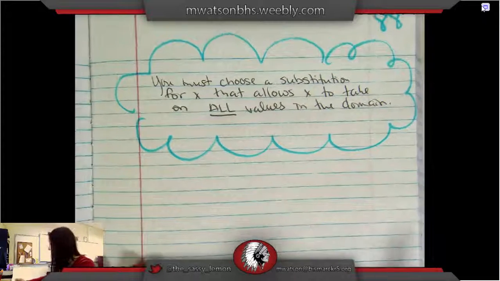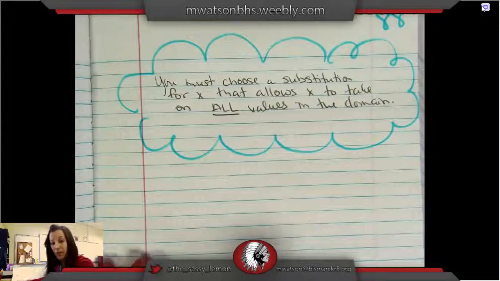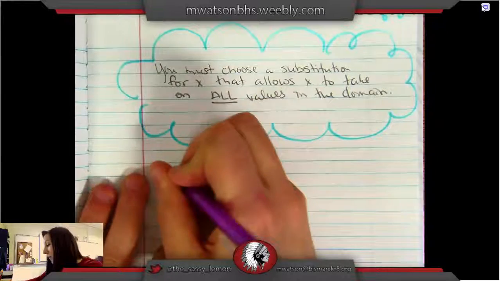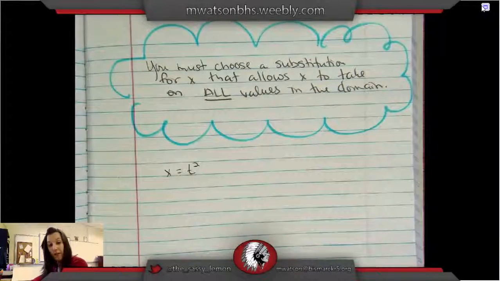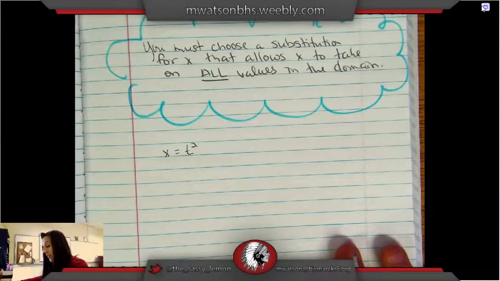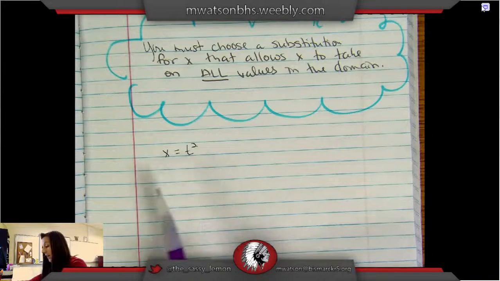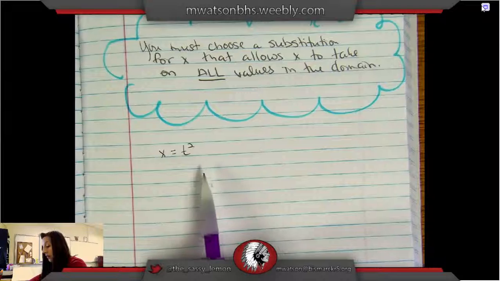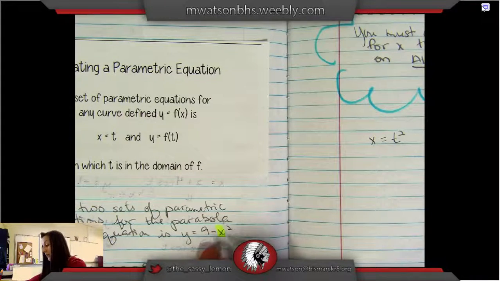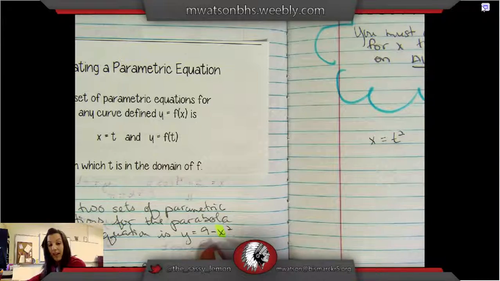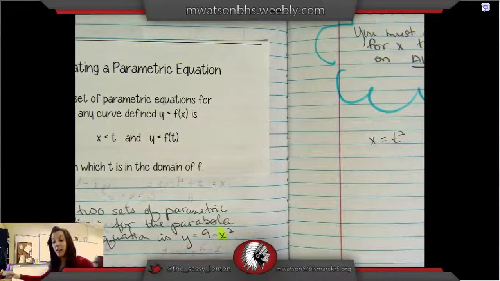Okay, so here's an example of a bad substitution. Say we wanted to get crazy, we're like x equals t squared. Well, that seems all great and everything, except for the fact that the original problem, y equals 9 minus x squared, there was no restriction on the x. x could be negatives or x could be positives.